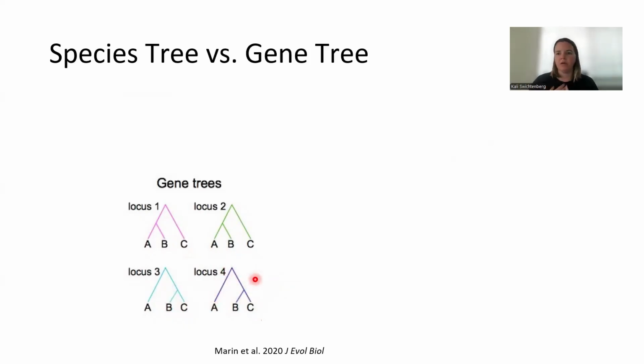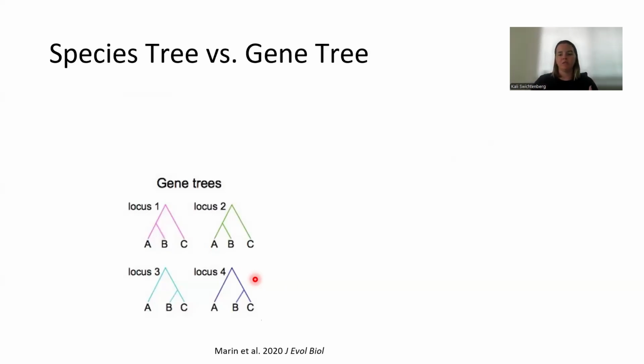And so we can't take one of these trees and go, oh, I know that A is more similarly related to B than it is to C, because we end up with different tree topologies based on which gene tree we are looking at, right?